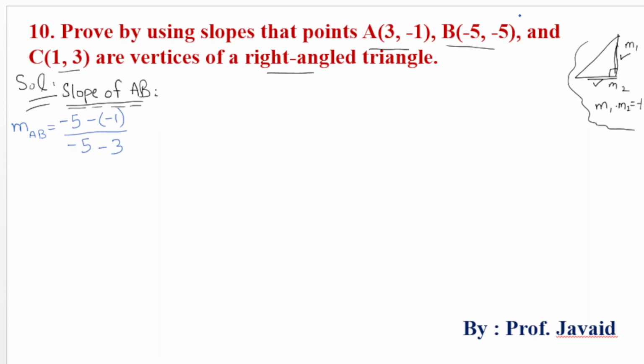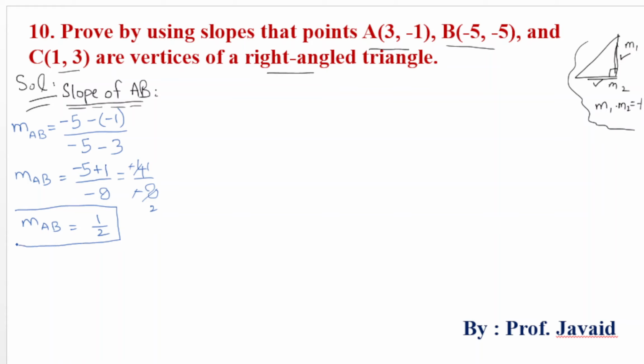Here y2 is -5 and y1 is -1, and x2 is -5 and x1 is 3, because of this AB. Let's make them simpler: we get -5 + 1 over -5 - 3, so -4 over -8. After solving, we get the slope of AB as 1 by 2, because the negatives cancel, and 4 times 1 is 4 and 4 times 2 is 8. So the slope of AB is done.